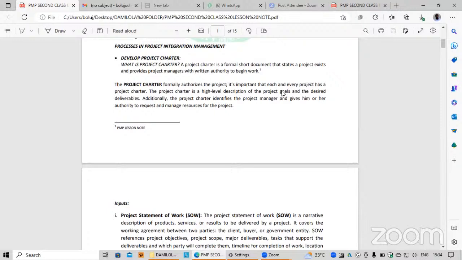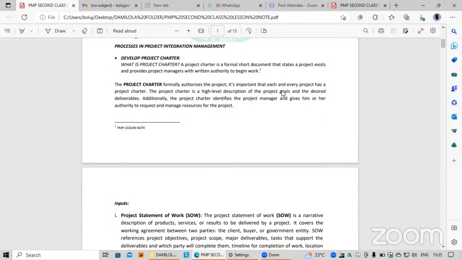There are certain tools and techniques as well that can help you achieve success in these specific logical processes. By the time the inputs come in, processed by the tools and techniques, the output is actually the logical process itself. So let me explain that using the development of the project charter.